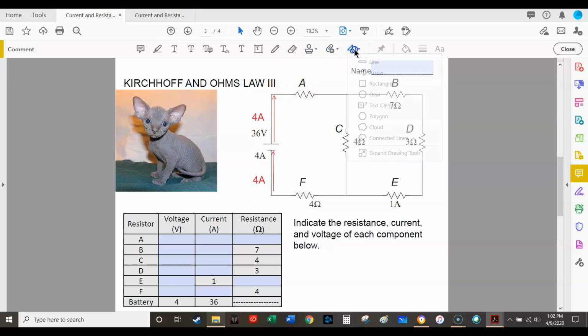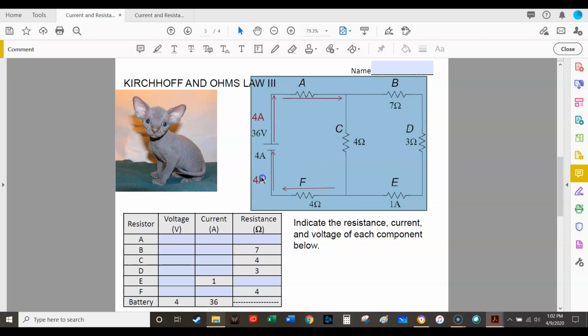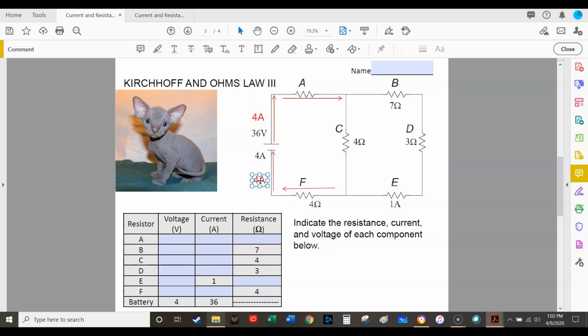Okay. And they're saying that that 4 amps is going across A, and that other 4 amps has to be going across F as well, right? It's only got one path to go. Okay. So that means A is getting 4 amps, and that means F is getting 4 amps.